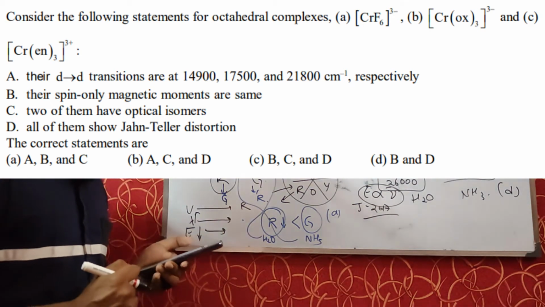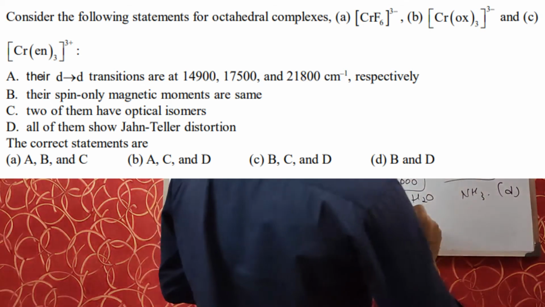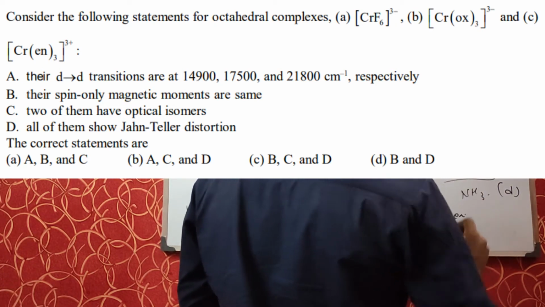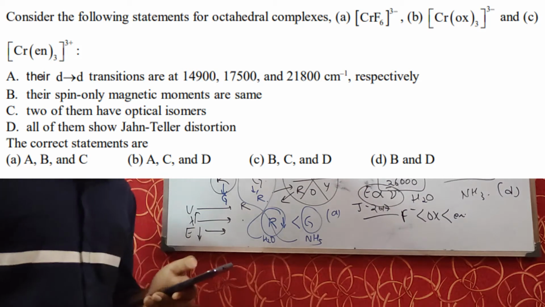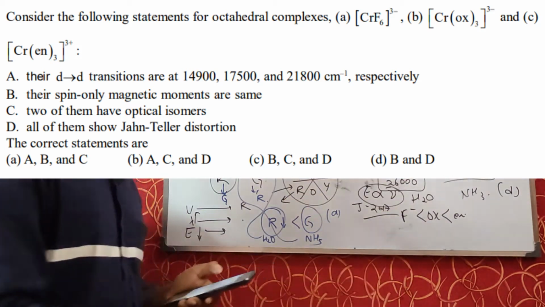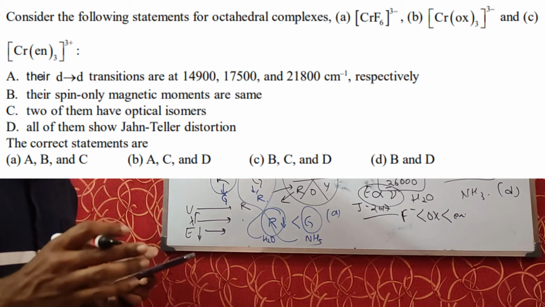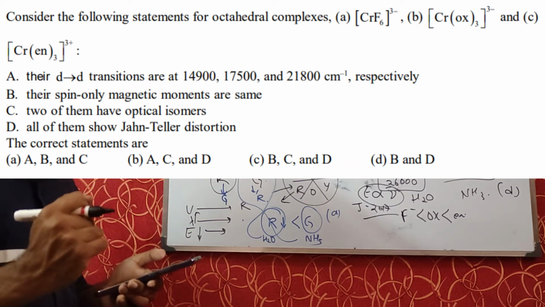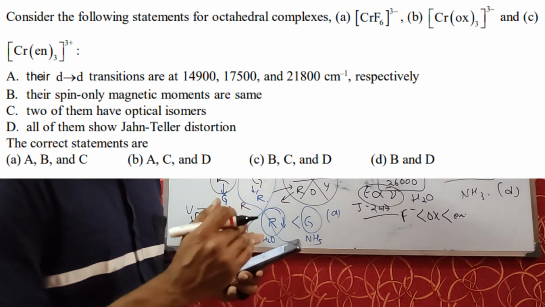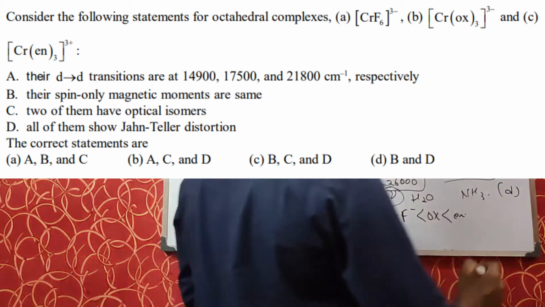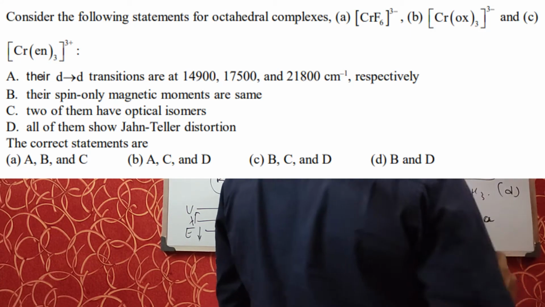The d-d transitions are given in the correct form: fluoride, oxalate, ethylenediamine. This is the order of the strength of the ligand, and in the same way should be the absorption for the d-d transitions. So statement A is correct.